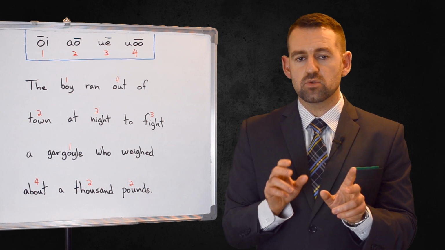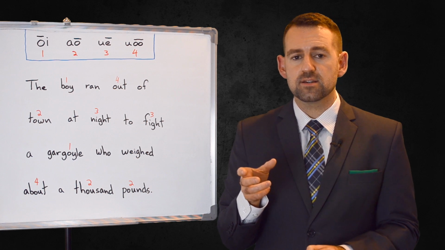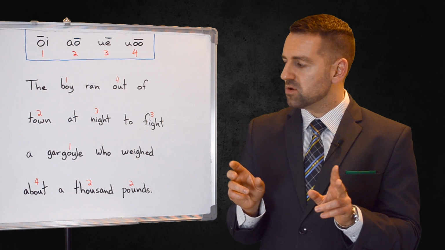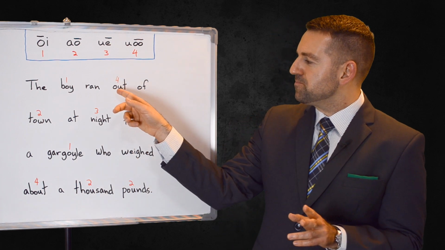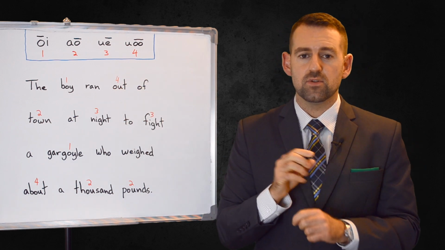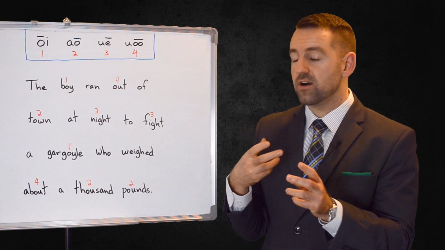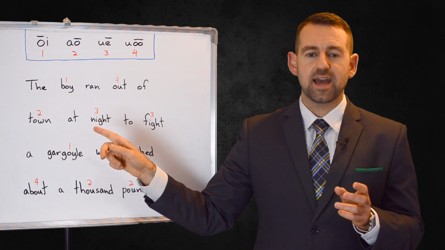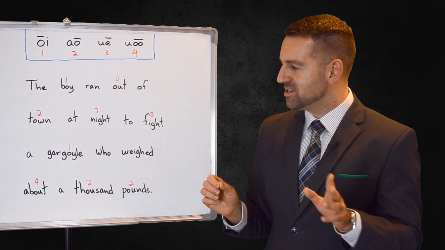Another way to categorize consonants is voiceless or voiced. So when Canadians say this sound before a voiceless consonant, then we change it to ow. But if it comes before a voiced consonant, like n, then it's ow. I don't know why Canadians do that, but we do.